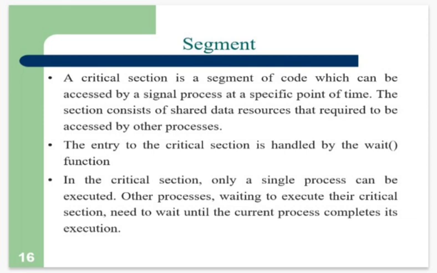A critical section is a segment of code which can be accessed by a single process at a specific point of time. It is the part of the program that accesses shared resources. Only when a process is in its critical section can it be in a position to disrupt other processes.